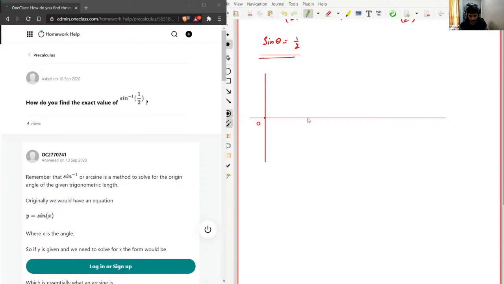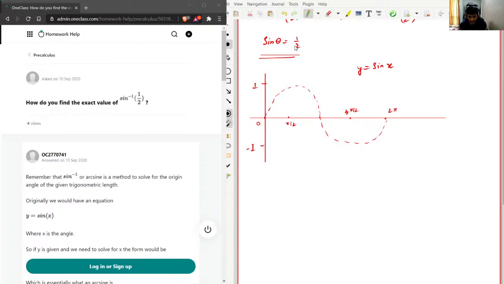So this is pi by 2, and this is pi, then this is 3 pi by 2, and this is 2 pi. So the graph looks somewhat like this, and the maximum amplitude is +1, the minimum is -1. So this is the graph of y equal to sine of x.